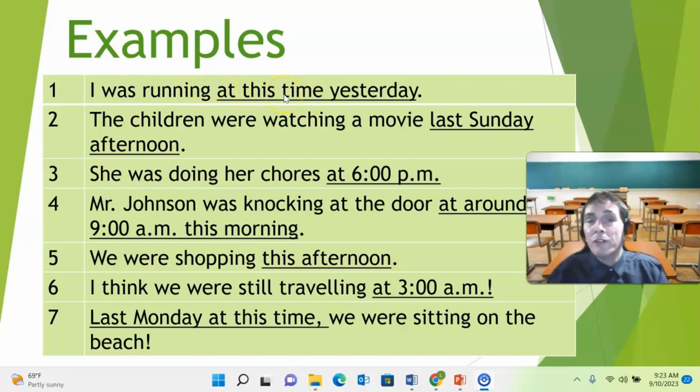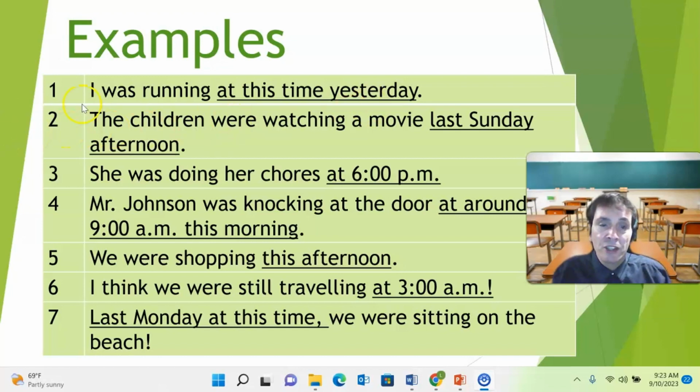That means at 12 noon on Sunday, you were in the process of running. So I was running at this time yesterday. At whatever time it is today, at that time the previous day, you were in the process of running.